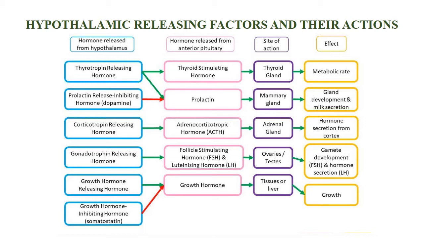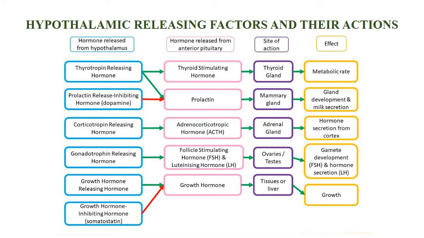The hypothalamus gives out two categories of hormones by the nerve endings of the neurons. Those are releasing factors and inhibiting factors. The releasing factors of the hypothalamus are called hypothalamic releasing factors.